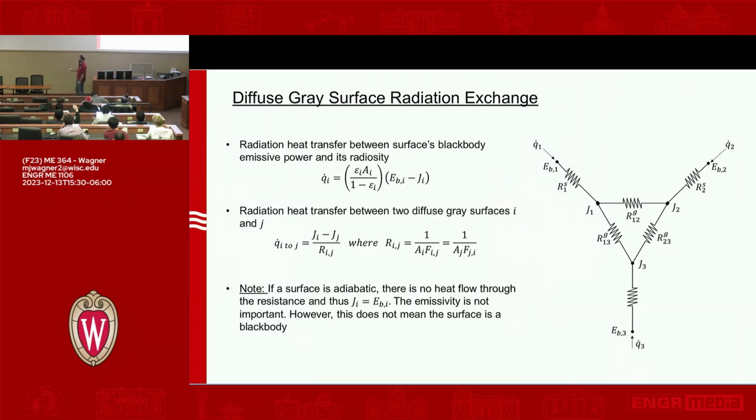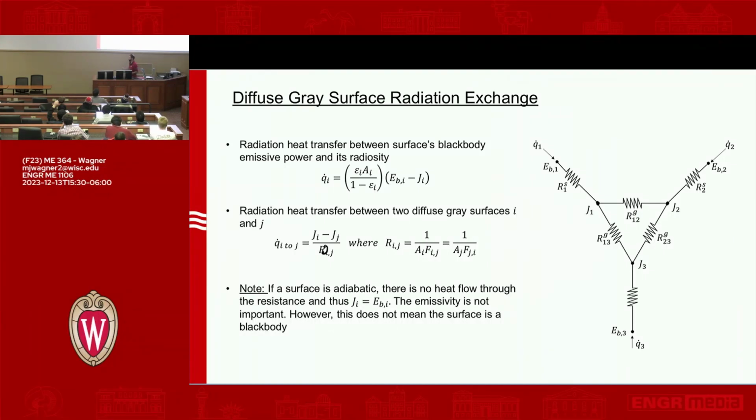If you want to relate radiation heat transfer between 2 surfaces, that's Q dot i to j, or Q dot ij, that would be the equation J_i minus J_j over R_ij, where the resistance is related to the view factors, right?